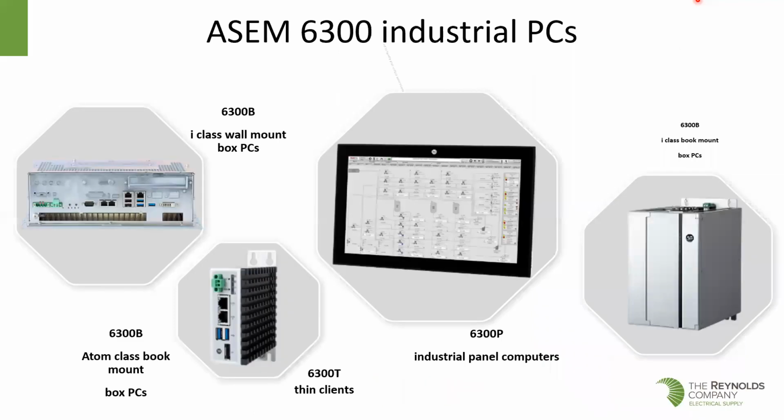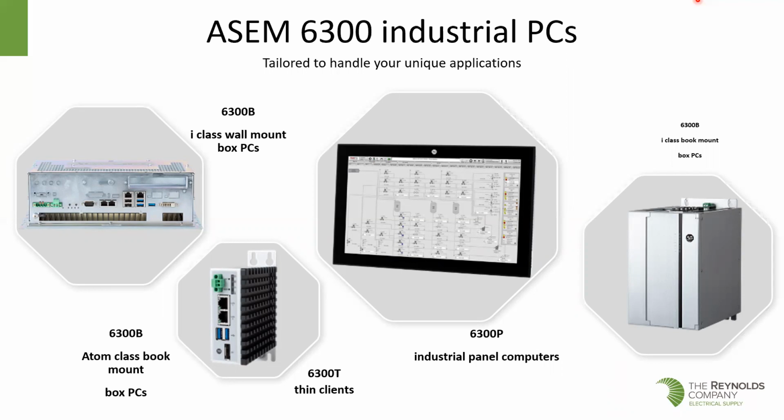So where the 6300 comes into play: wall mount PCs, the book mounts or box-style PCs and thin clients, the industrial panel computers up to 24 inches, and then the box-type PCs for some of the larger applications.